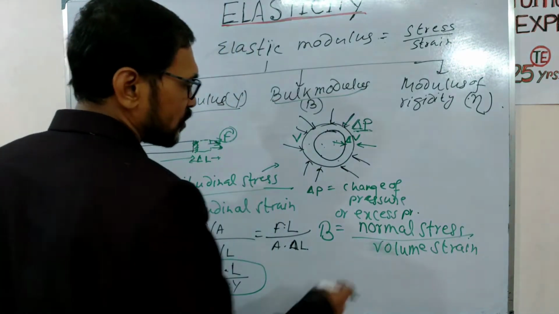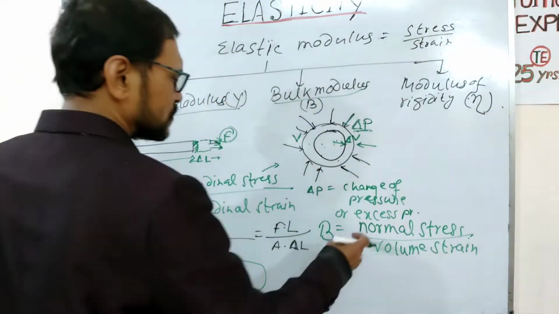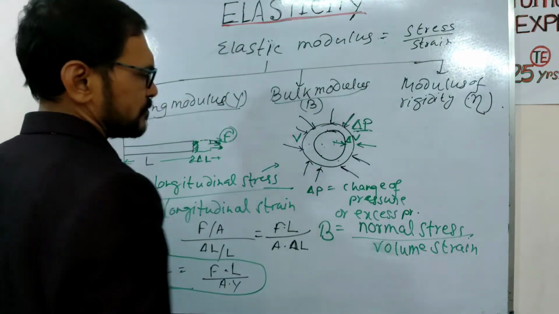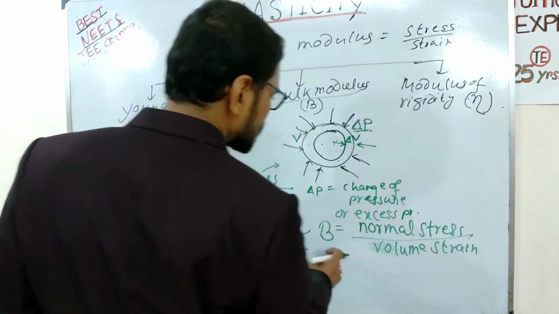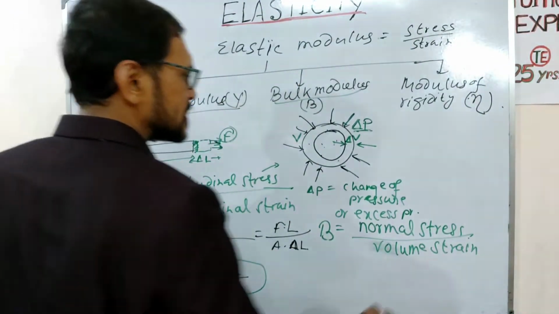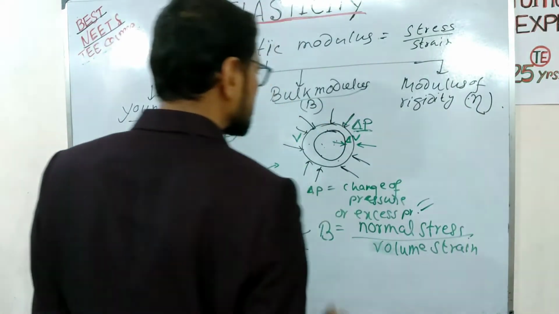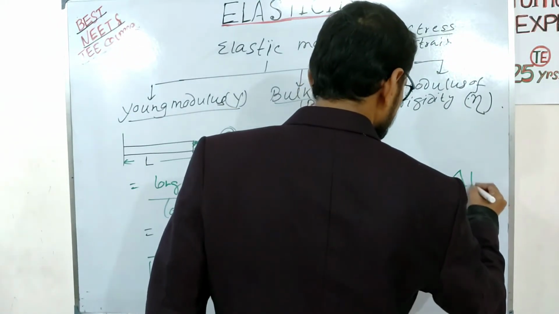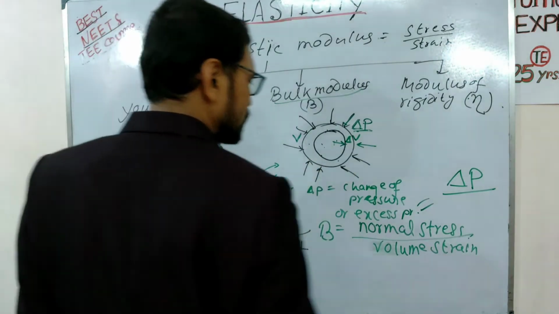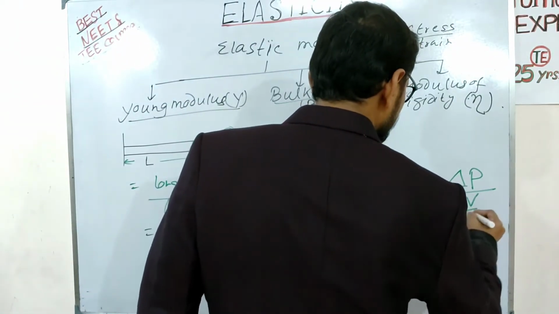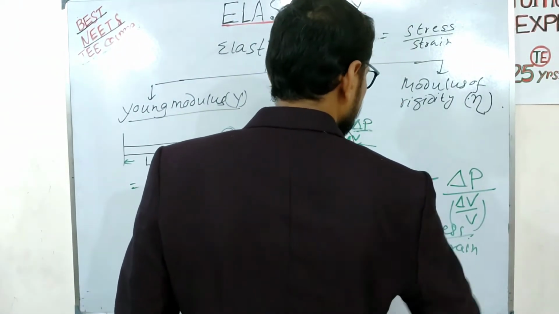Volume stress by volume strain is bulk modulus. Normal stress here equals del P, and the volume strain is del V by original volume V. Here we use a minus sign.